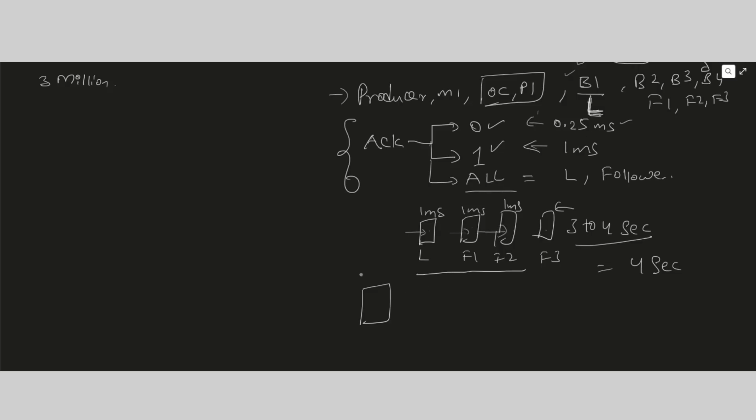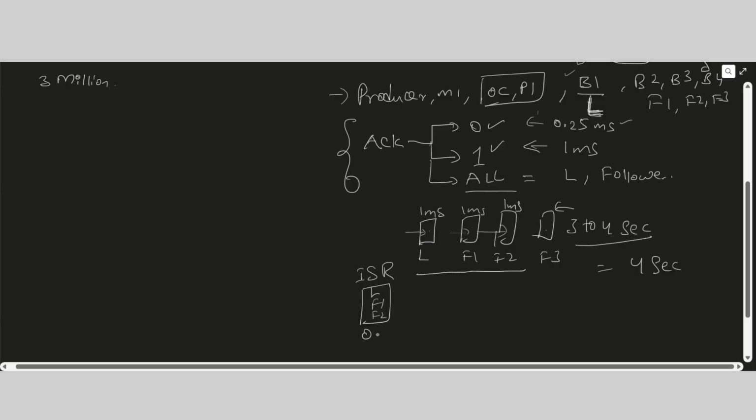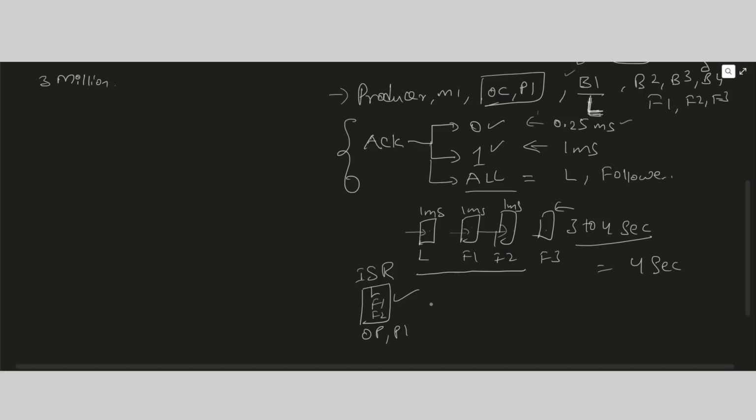So it will call these the in sync replicas. So the leader, follower 1 and follower 2 of the order placed topic and partition 1 are very quick and in sync replicas. So when the acknowledgement level is all, it won't check follower 3. It will write in only these three in sync replicas.